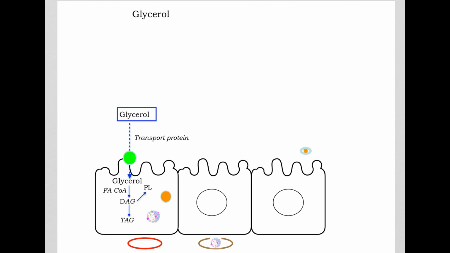The water-soluble glycerol will be transported into the cytoplasm by some transport protein and then combined with the fatty acyl-CoA to form diacylglycerols and then triacylglycerols. And these triacylglycerols and phospholipids once again could either be stored as lipid droplets or converted to chylomicrons for export into the lacteal vessels.